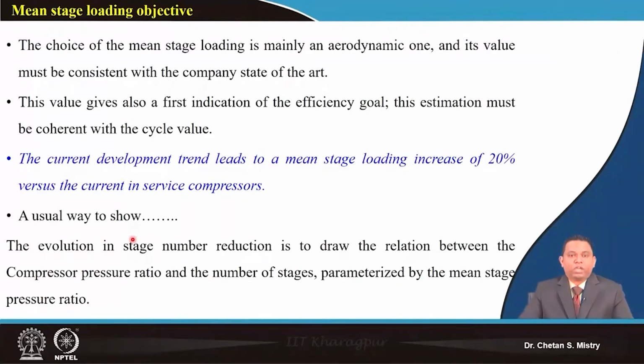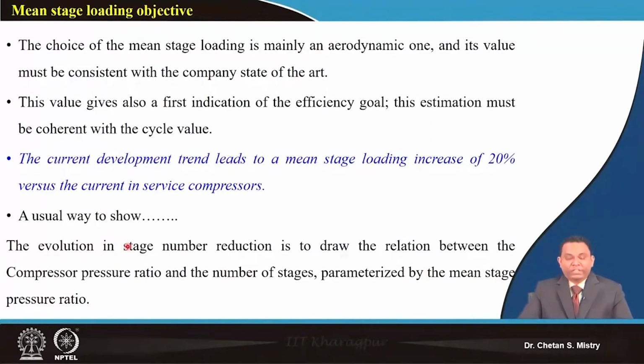The current trend says the mean stage loading needs to be increased by 20% compared with existing flying engines. You can imagine that is a big number in itself. So usually we need to play with the number of stages in our design.